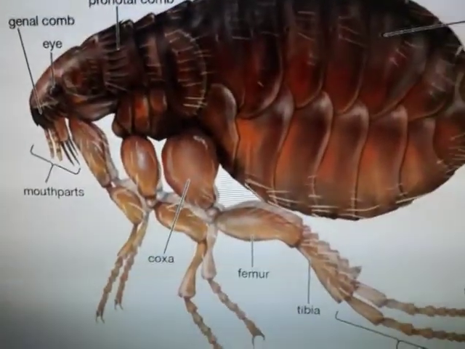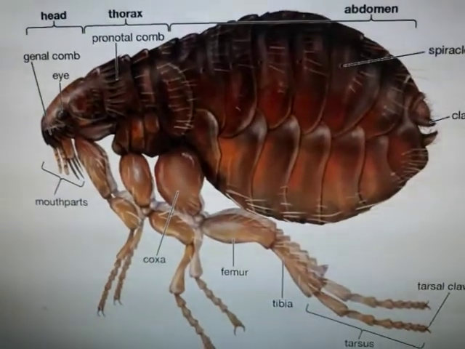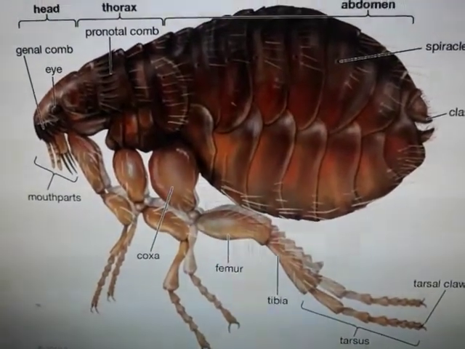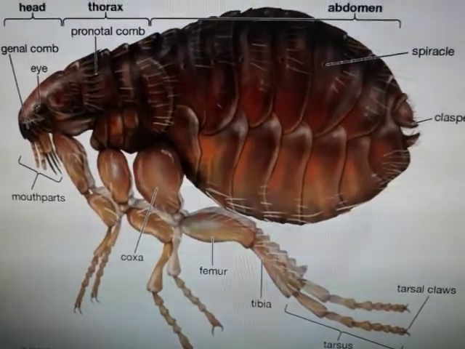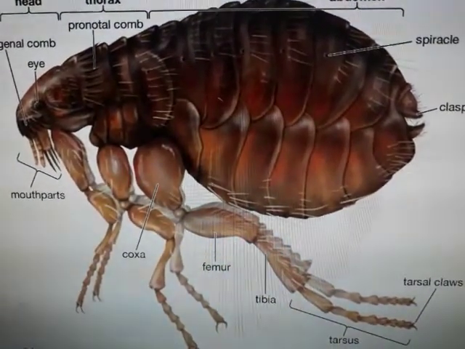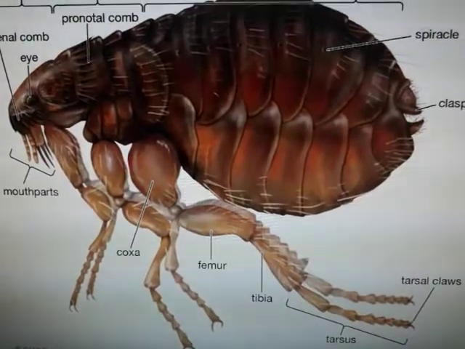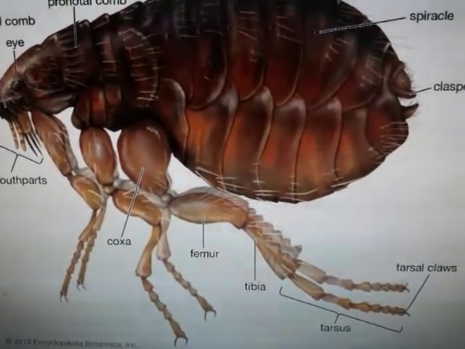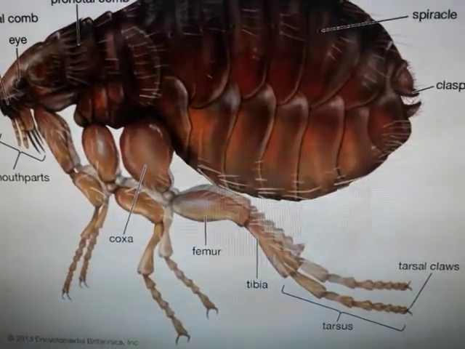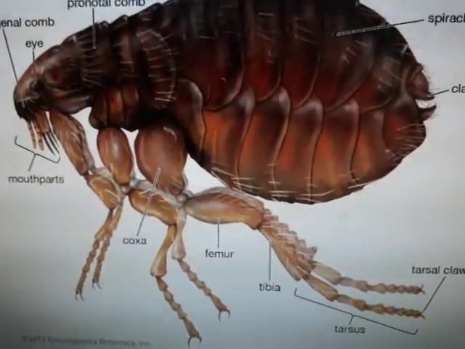Fleas, Siphonaptera. The adult fleas are blood-sucking ectoparasites of living birds and mammals. They can jump a horizontal distance of nearly 33 centimeters.